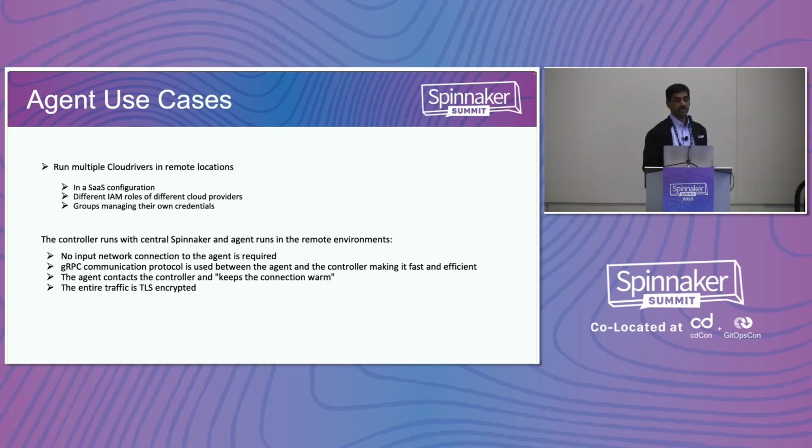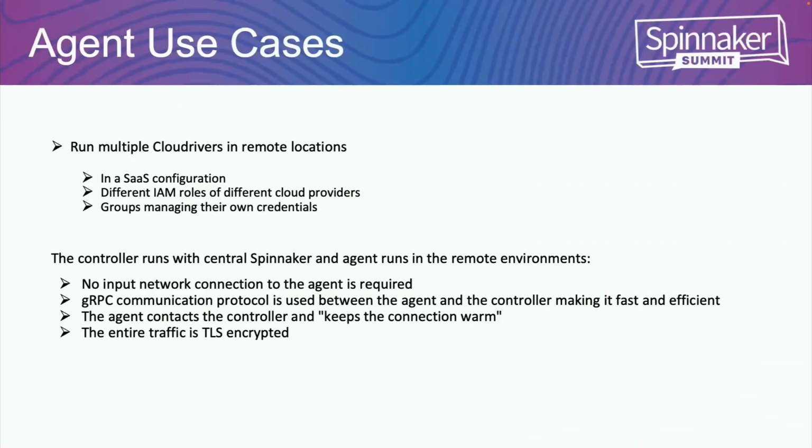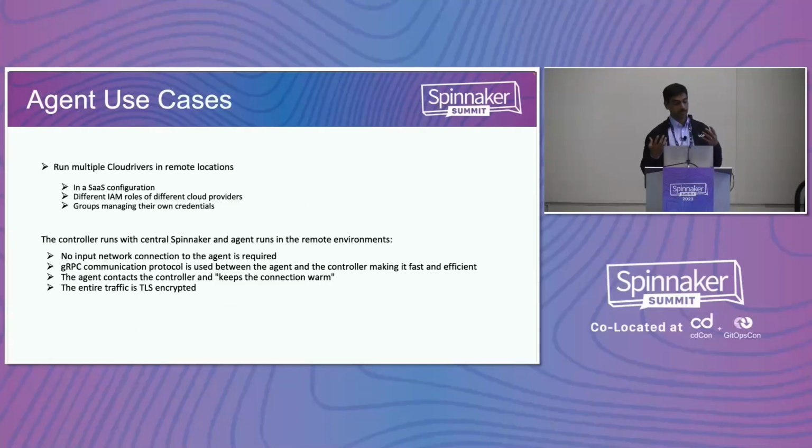So basically the use cases we saw are, you can deploy it in a SaaS configuration, because the agent connects back into Spinnaker. Spinnaker doesn't need direct access to the remote system. So in a SaaS configuration, when you don't have a direct connection to target environments, you can do that.